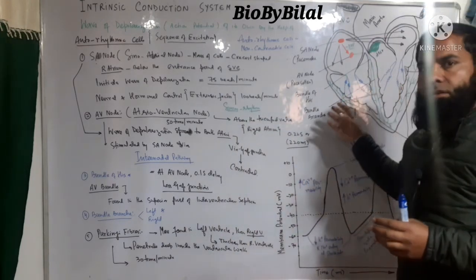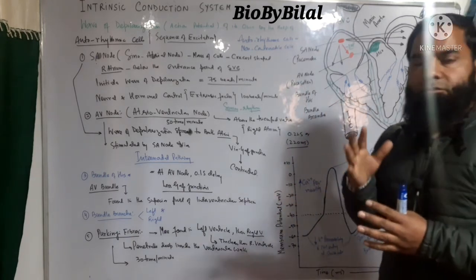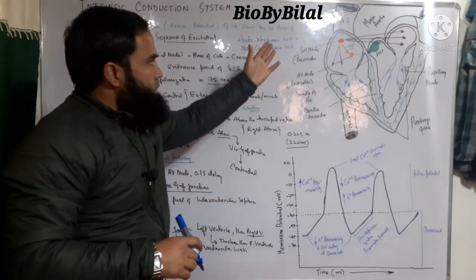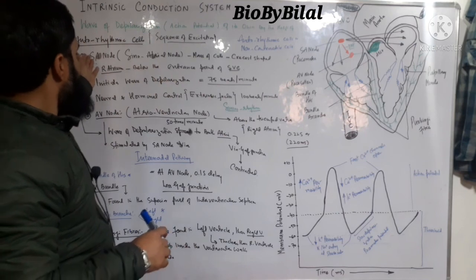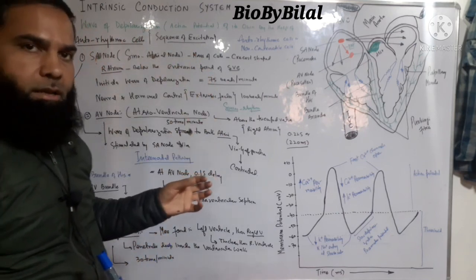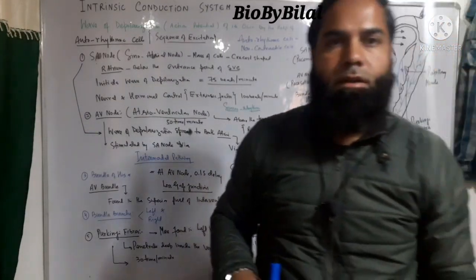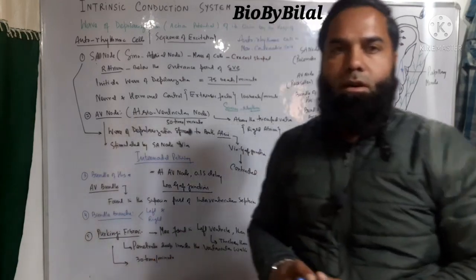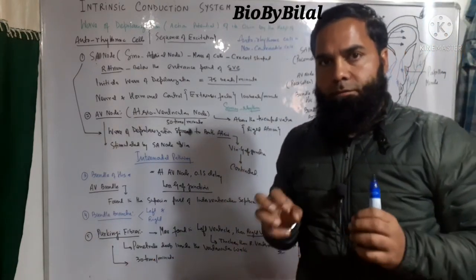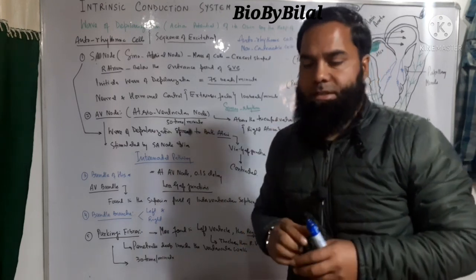The pumping action of the heart is affected very badly. So you must remember that all these nodal cells should work appropriately so that they pump the blood into the heart and out of the heart when the pumping action of the heart takes place.